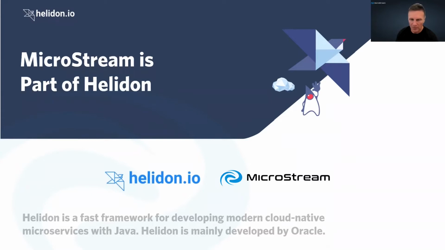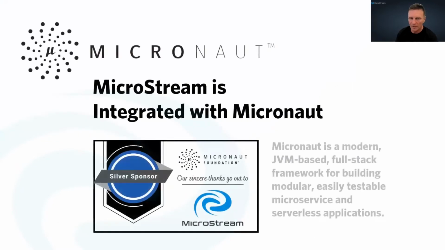So we worked many months together to make this possible. Now MicroStream is also integrated with Micronaut, so great news. Thanks to the Micronaut team. We also joined the Micronaut Foundation as a sponsor. So this is really great to work together with these guys on open source projects.